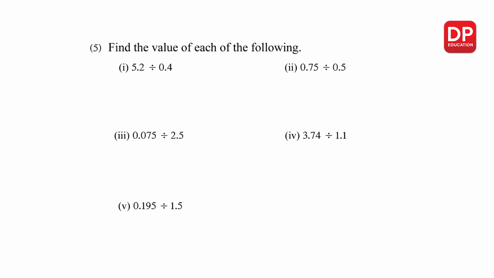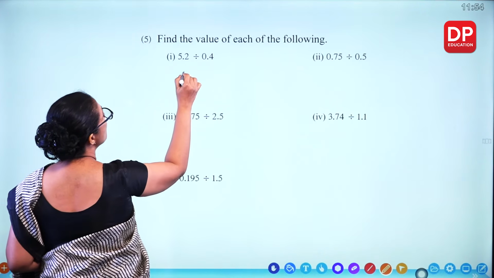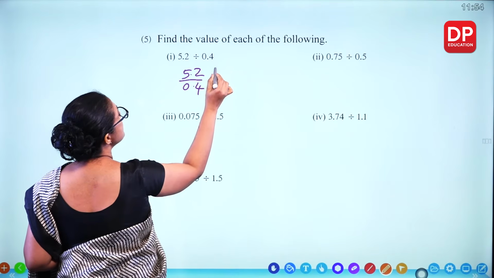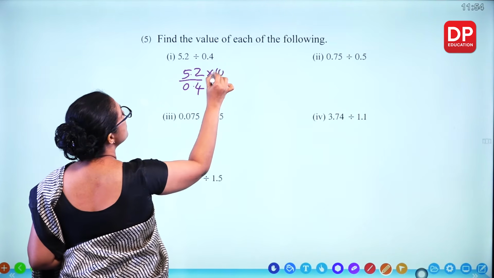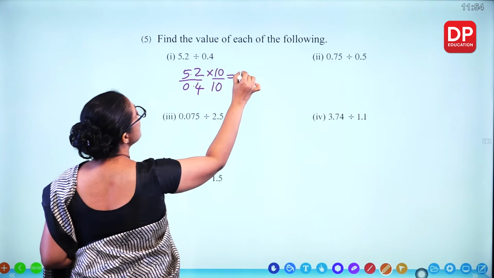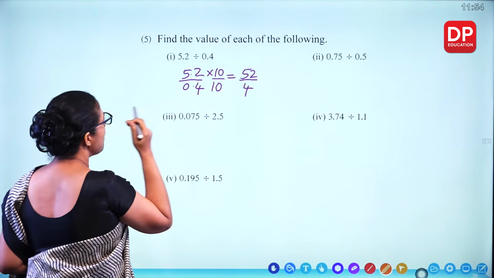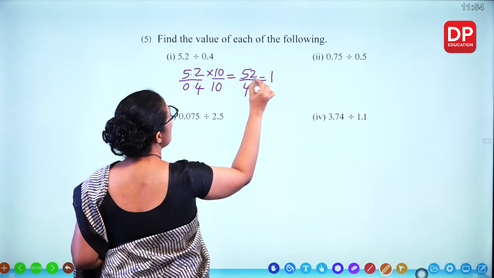Question number 5. Find the value of each of the following. 5.2 divided by 0.4. Multiply by 10. Both the numerator and the denominator, you get 52 divided by 4. So what is 52 divided by 4? 4 times 1, 4.